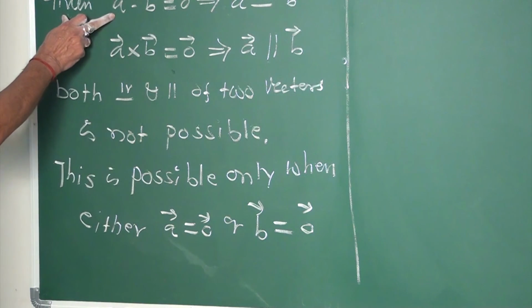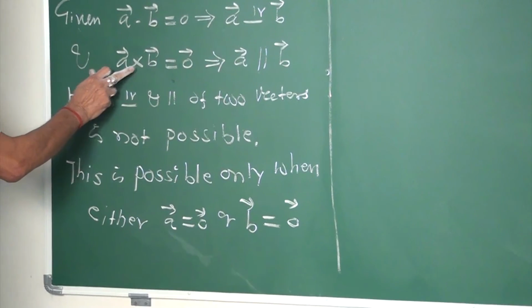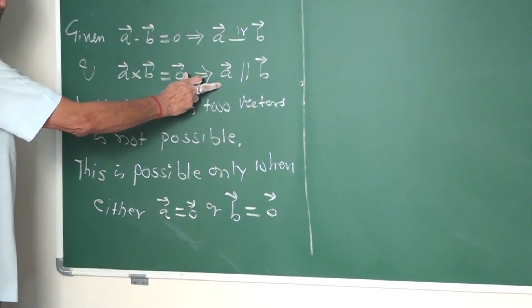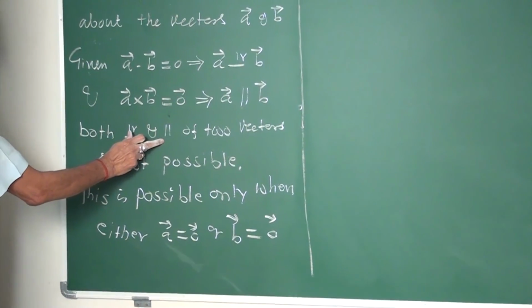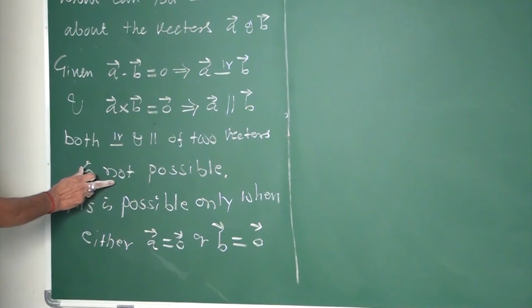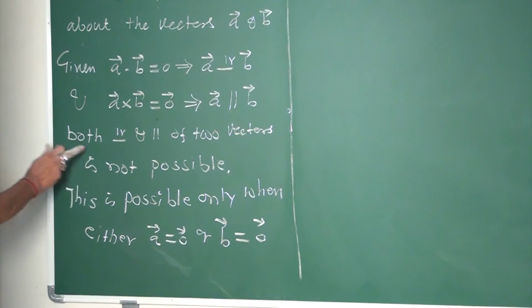Yes, my friends. Dot is perpendicular. Done. Cross 0 is parallel. Done. Perpendicular and parallel don't happen simultaneously.